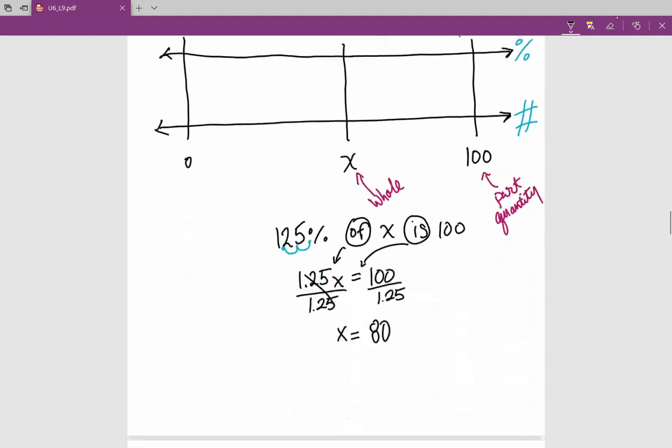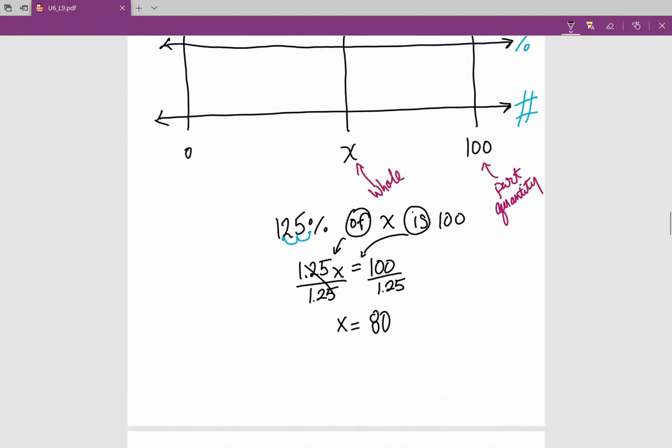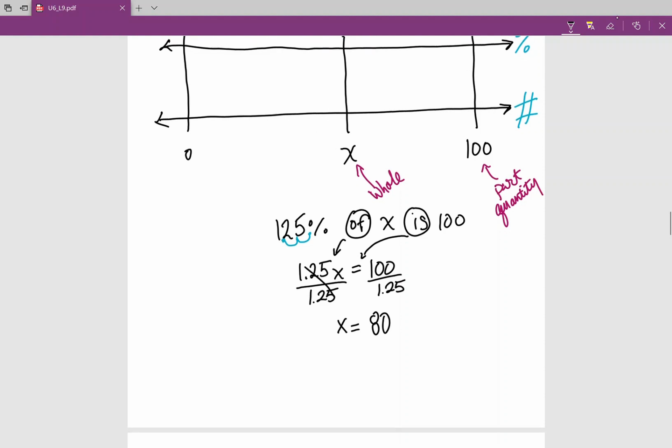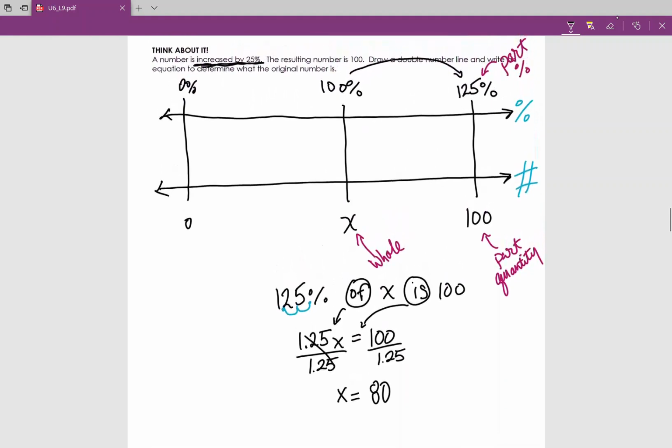Now, my question is, how do we find the original value in a percent problem? How did we find it? Yes, we wrote an equation, but using our words, what did we put in the equation?